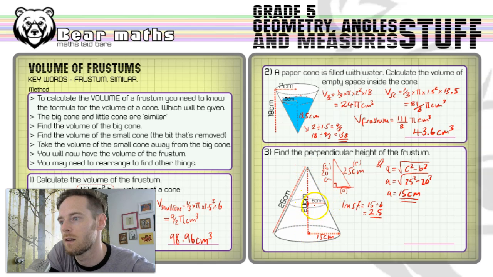So let's work out what that length is. The little cone's perpendicular height, we'll take the 20 and divide it by 2.5 because the big one is similar to the little one. So 20 divided by 2.5.